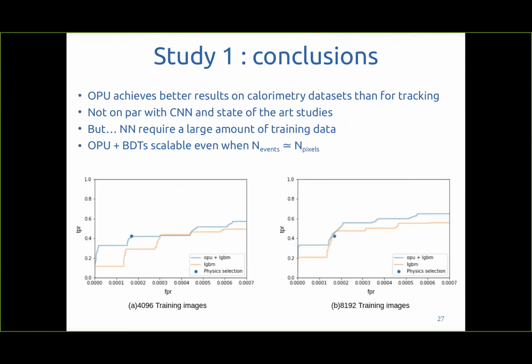Of course, it's not on par with CNNs that were trained on 400,000 samples on huge superclusters, multi-optimized, but those require a large amount of training data, and with just 5,000, 10,000 images, we can achieve some competitive results with the physics selection, especially if those variables are then fed into a more classical boosted decision tree algorithm.